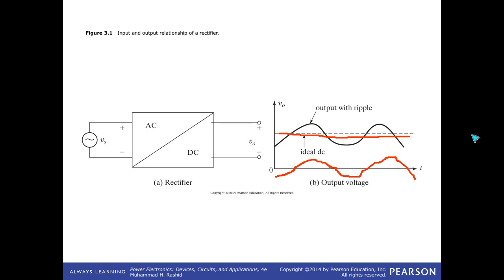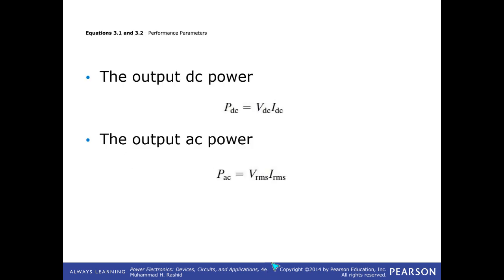However, if you take that waveform, the black waveform, you are going to start with RMS value. So DC is equal VDC IDC, pure DC. AC means RMS times the AC power. Ben olsaydım power derdim buna. AC dediği zaman kafa karıştırıyor.